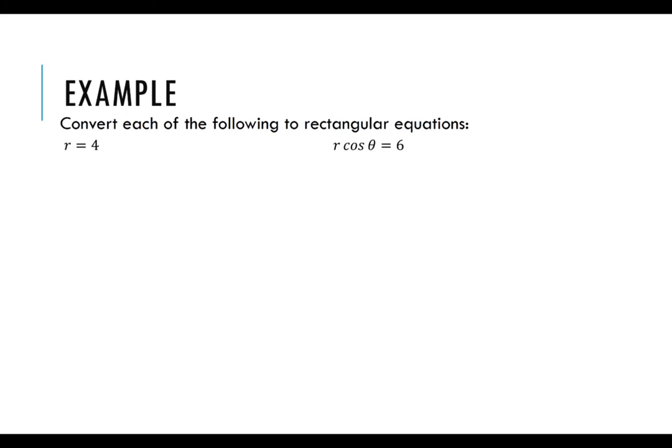Recognize that in this one, we're converting from polar to rectangular. And so let's write it again. r is equal to the square root of x squared plus y squared. And remember that x is equal to r cosine theta, and y is equal to r sine theta. And so r being equal to 4, well, just replace r with the square root of x squared plus y squared.